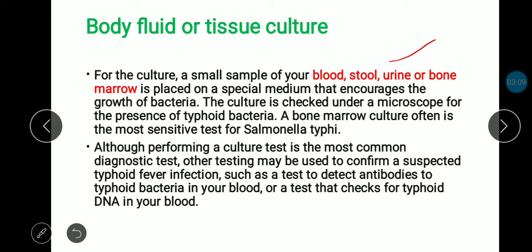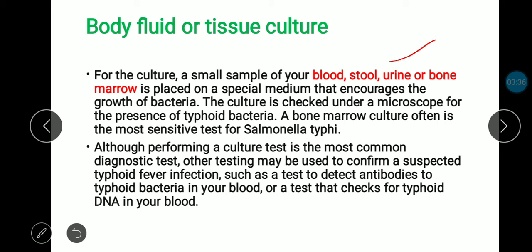Although performing a culture test is the most common diagnostic test, other testing may be used to confirm suspected typhoid fever infection, such as a test to detect antibodies to typhoid bacteria in your blood, or a test that checks for typhoid DNA in your blood.